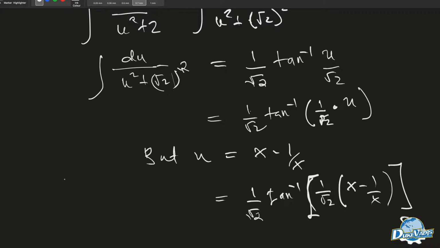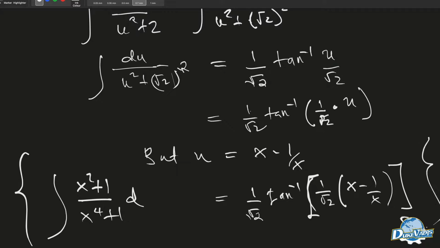So our integration of x squared plus 1 all over x to the power 4 plus 1 dx gives us this.